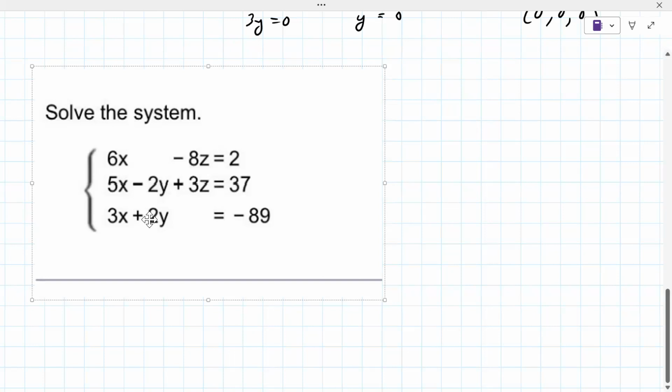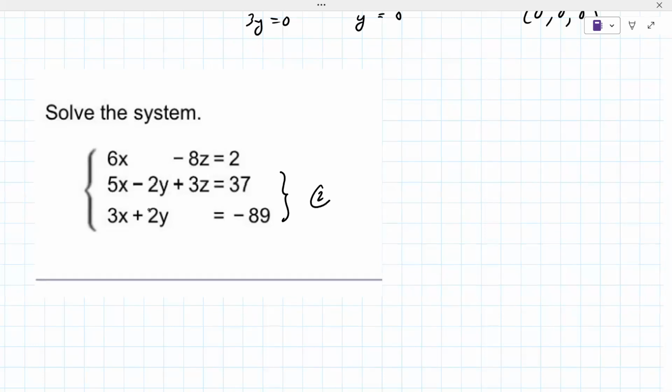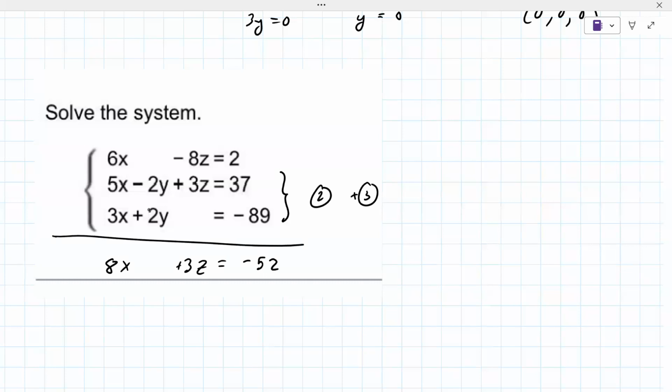The negative 2y and 2y are opposite in sign. You're looking for things that stand out. What I'll suggest here is to combine equation 2 and equation 3. If you add those two equations together, you get 8x plus 3z equals negative 52.